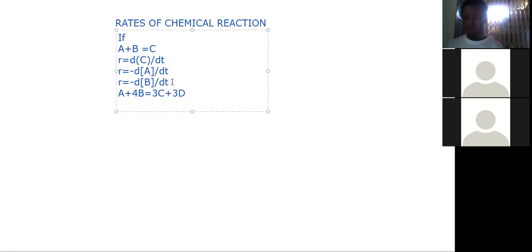Now looking at the mole ratios, we can see that this is 1 is to 4, which is also equal to 3 is to 3, looking at the mole ratio.